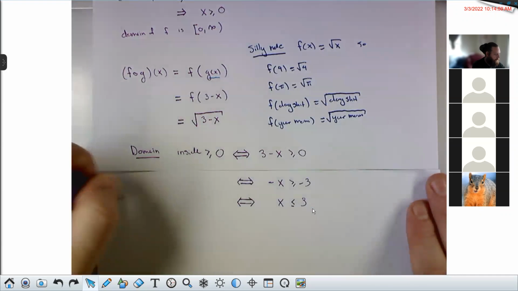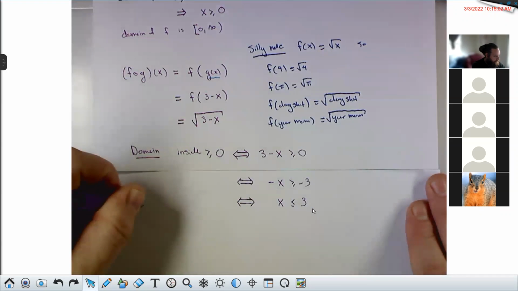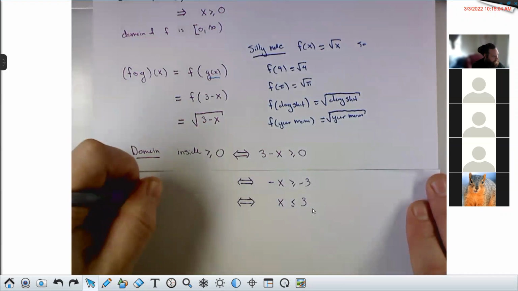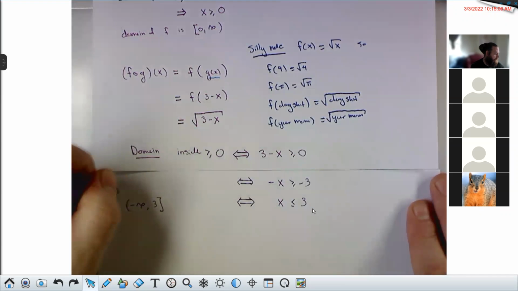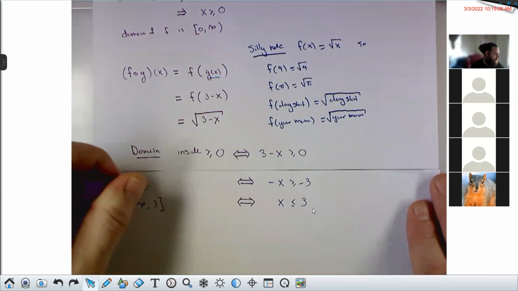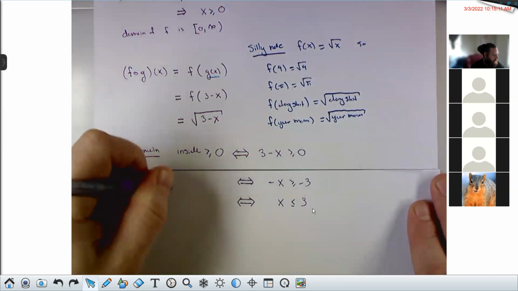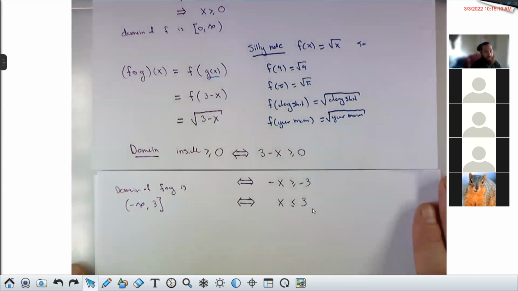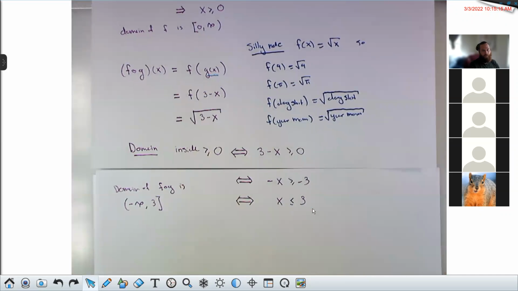So in interval notation, that would be -∞ up to 3 with a bracket. Any questions on the domain here?